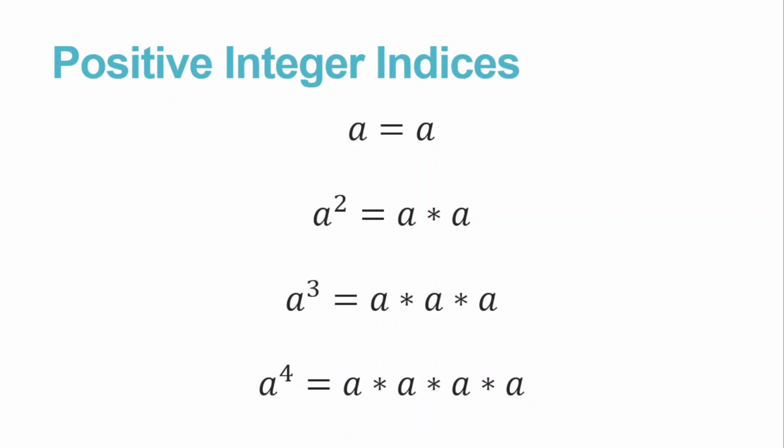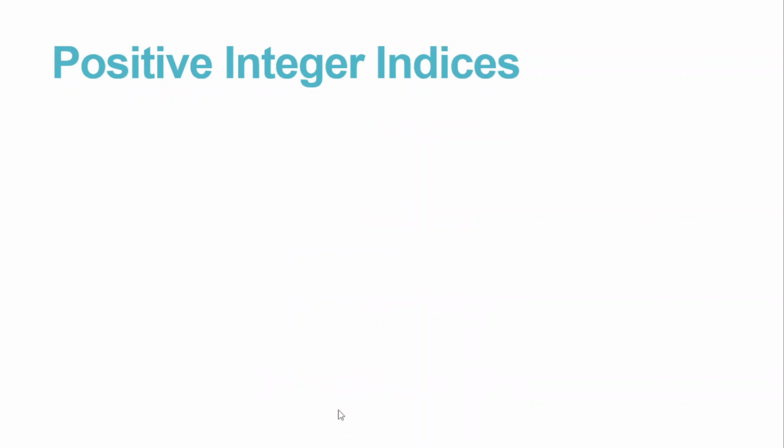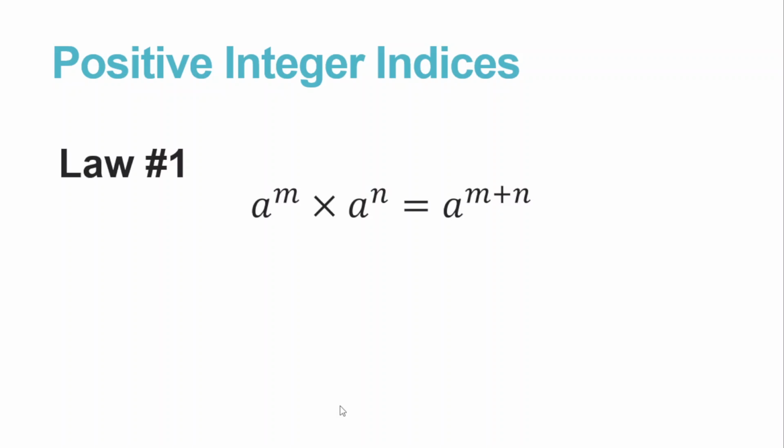Okay, so yeah, let's move on. Next we have different kinds of law of exponents. Law number 1: if you have the same base, but you're going to multiply it by a different exponent, you're just simply going to add the exponents.